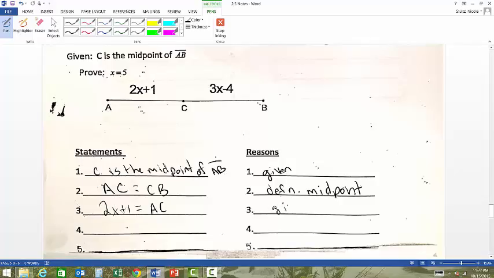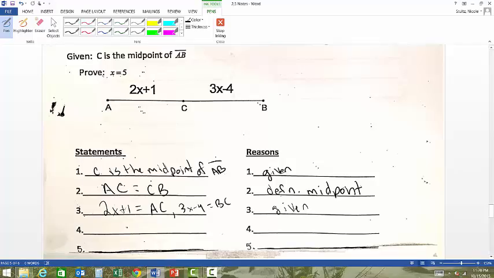So I'm going to jot that down. And while I'm at it, I'll also throw in that 3x minus 4 equals BC. So I've got the written part of the given, and what they put in the picture. I've stated all my givens.